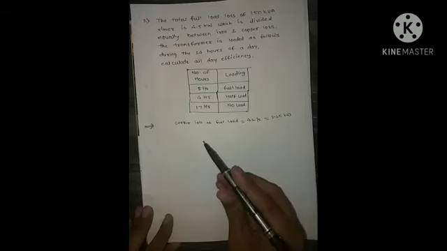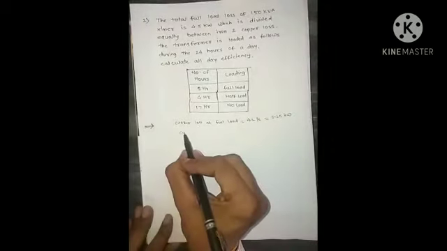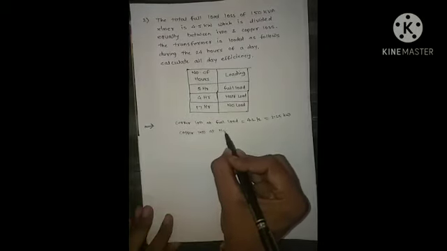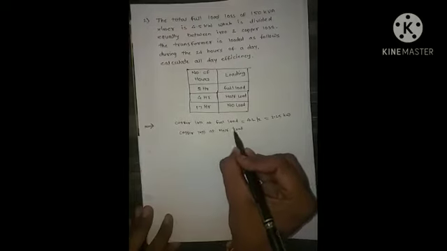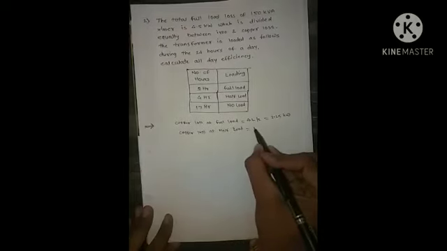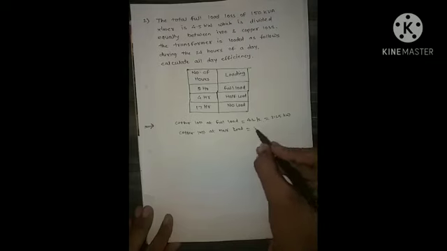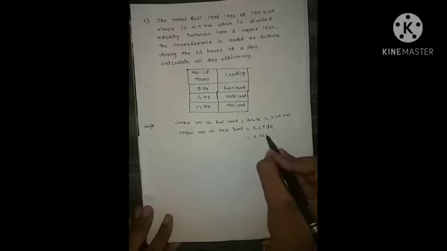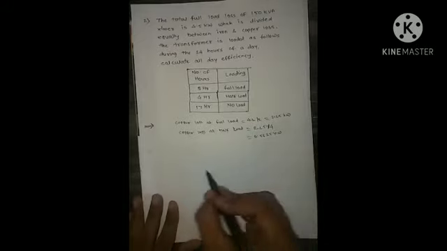After that we have to calculate the copper loss at half load. We will get 2.25 upon 4, and the answer is 0.5625 kilowatt.